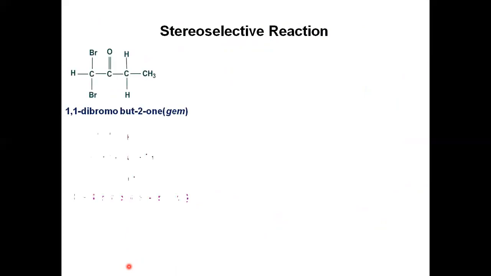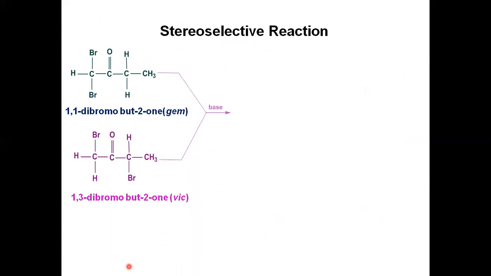These reactions of geminal and vicinal dihaloketones are stereoselective reactions. The geminal dibromoketone and vicinal dibromoketone both react with base to form the same cyclopropanone intermediate. Any reaction in which only one stereoisomer is formed exclusively from all possible isomers is called a stereoselective reaction.